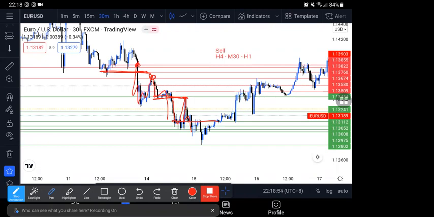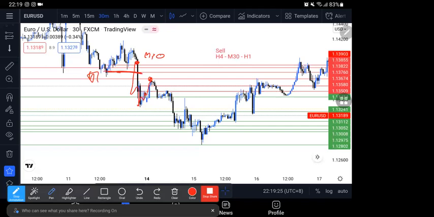So for the international, your friend is just asking how to take the entry after the breakout or just on the key level. Let's say the price is over here. This is MTT and this is the H1 key level. It has already broken the H1 key level. So while it comes back, this is where we should enter.